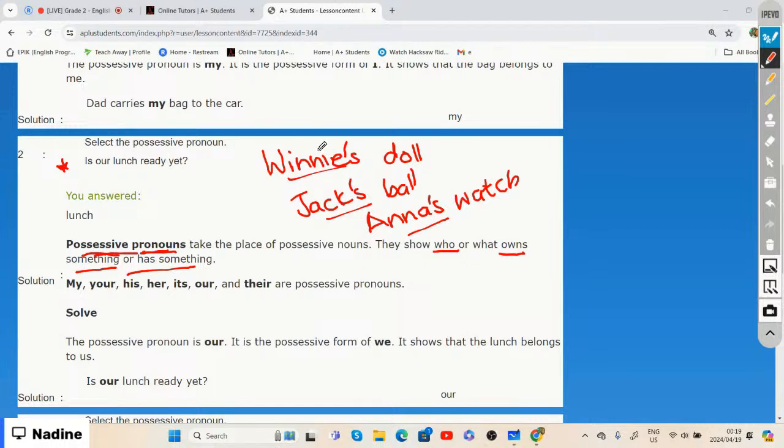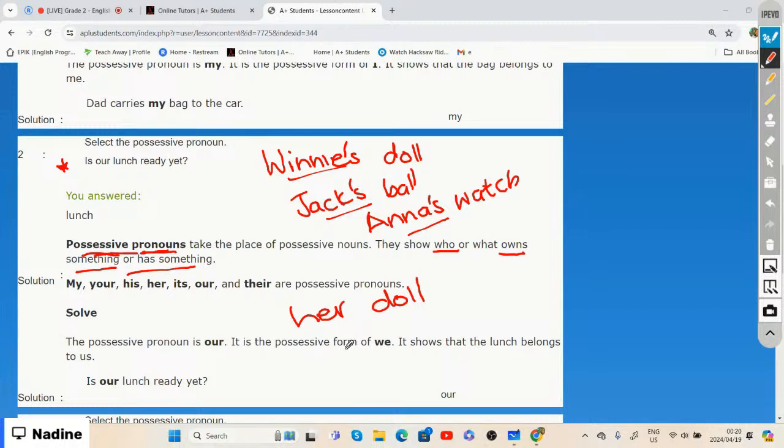So it takes the place of Winnie or Jack or Anna, the actual name or noun. Instead of putting the person's name, we put a pronoun, words such as my, your, his, her, its, our, or their. If we want to say it is Winnie's doll, we say it is her doll.